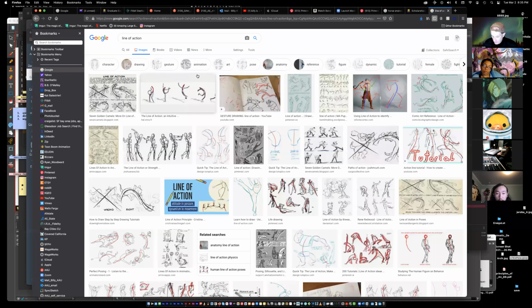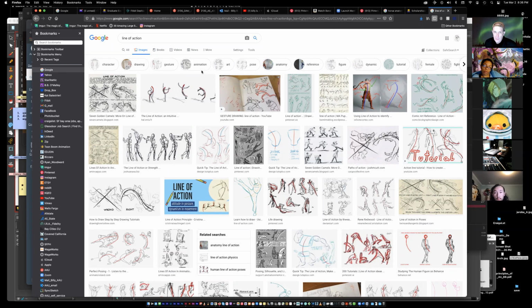Okay, so then the second part of this is, and again, I think that if we as a school had an anatomy class and a drawing 1 and a drawing 2 class and a drawing 3 and an animation studio class, we could break out the study of these components a little more precisely.